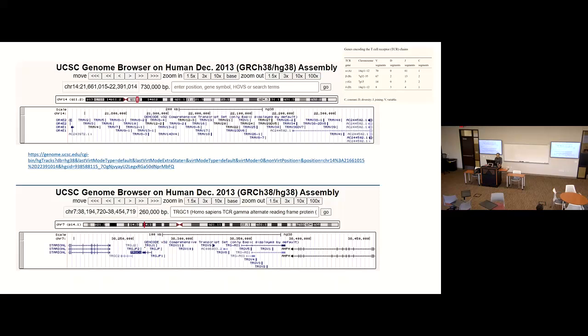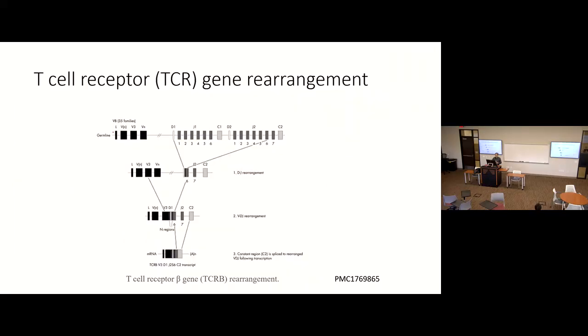So this is the T cell receptor J region, another region. This is also on chromosome 7, another on 14. Those are the clusters of those subunits. So this is a rearrangement.